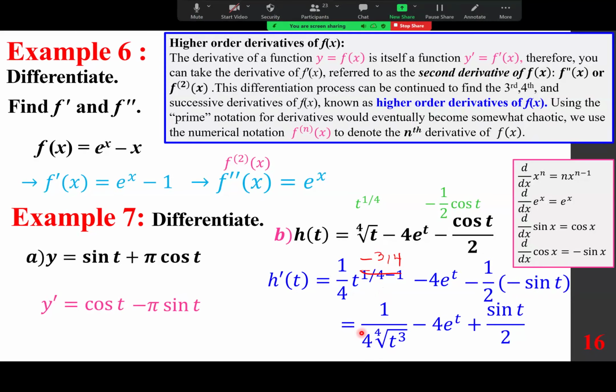So first notice this notation, okay, this one doesn't change. This one, positive. Now, you can write half of sine t or put it in the same format. I like to put it in the same format. It makes no difference. And again, this one, notice this takes it down, makes it t to the power of positive 3/4, which gives the fourth root of t cubed.